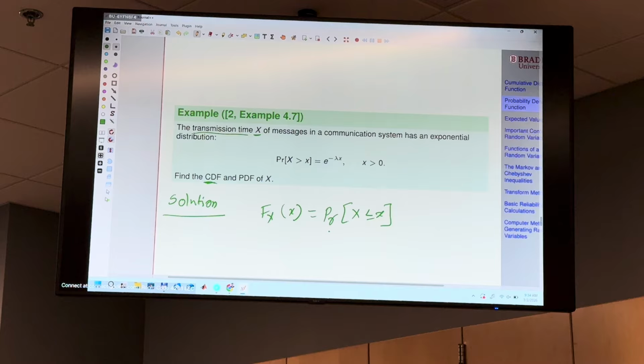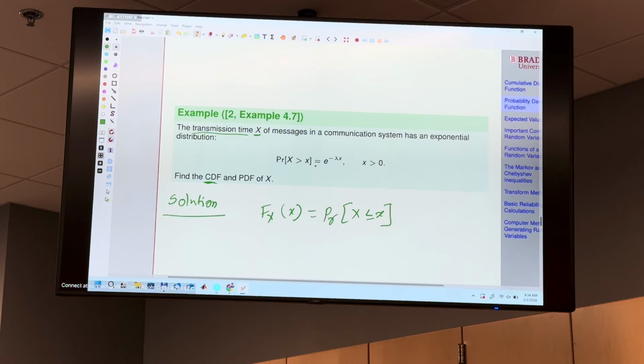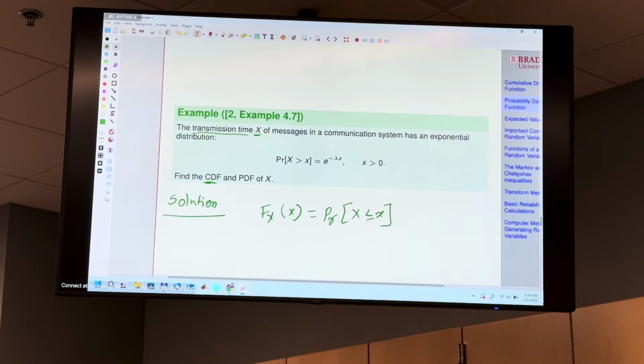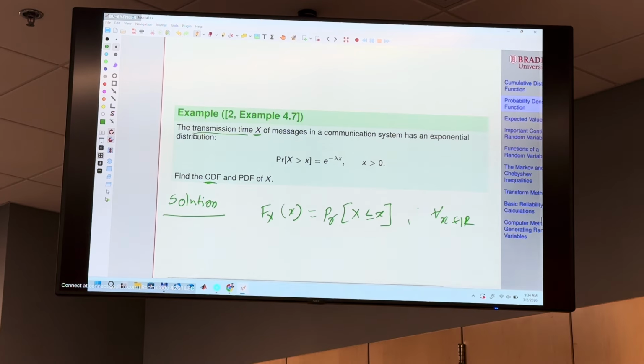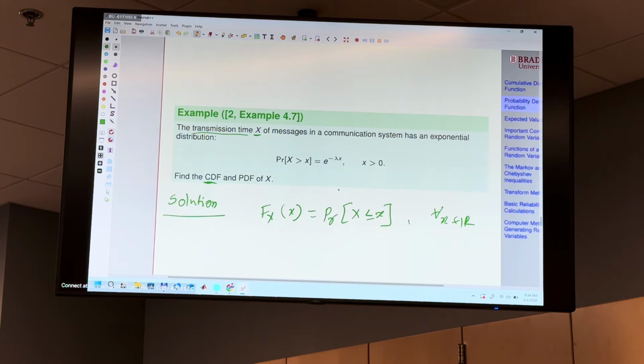By definition, this is your CDF, but you are given the probability that X is strictly greater than x. Here, for all values of x on the real line, but here you are given x greater than 0.